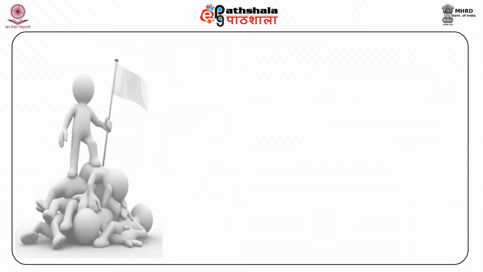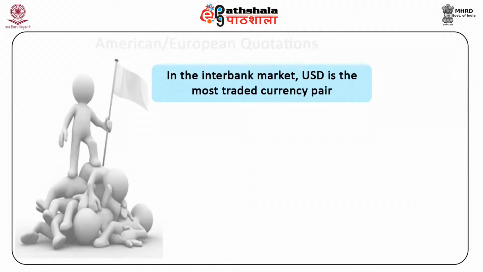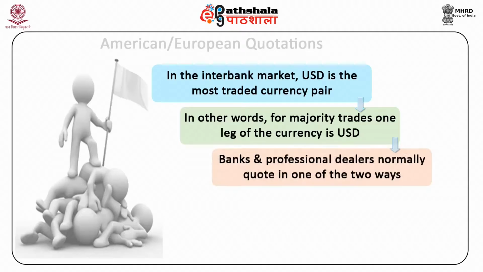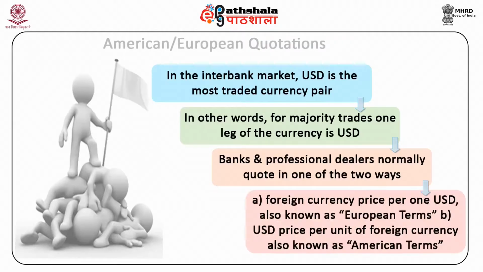Second one is American or European quotation. In the interbank market, USD is the most traded currency pair. In other words, for the majority of trades, one leg of the currency is USD. Banks and professional dealers normally quote in one of two ways. That is, A. Foreign currency price per 1 USD, also known as European terms.